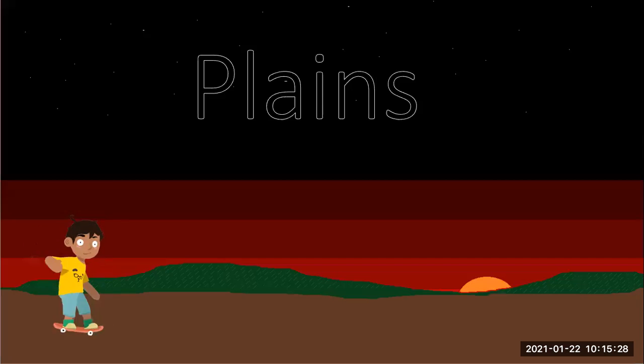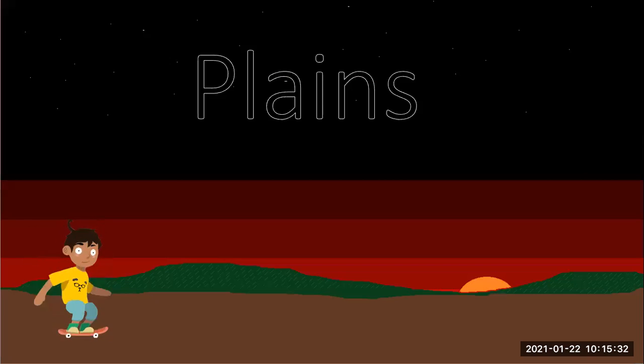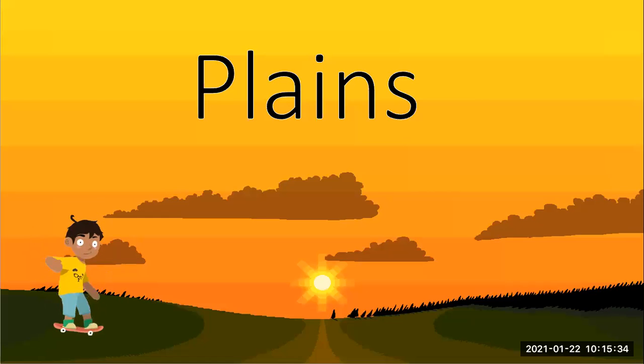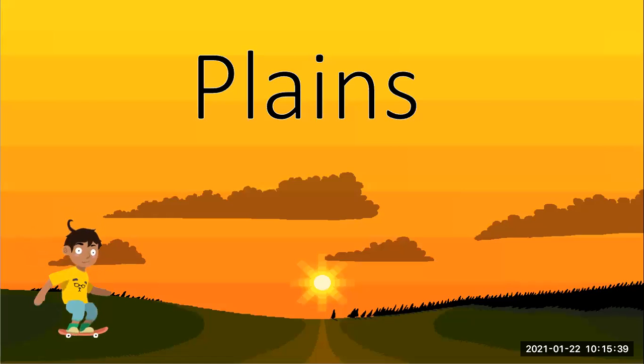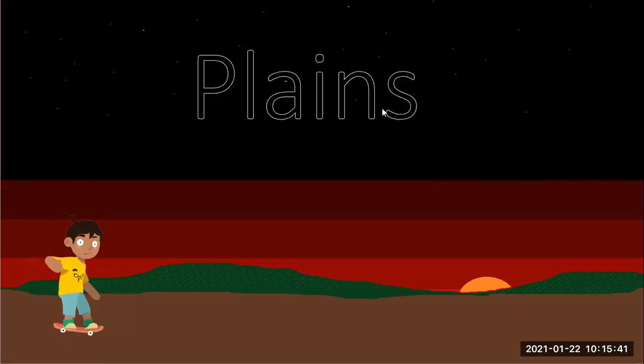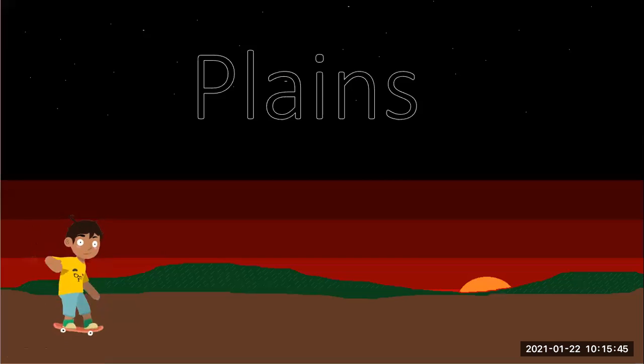So, in our last class, we learned about different landforms. First of all, we should know what landforms are. Landforms are basically physical features of Earth's surface. We are living on Earth.